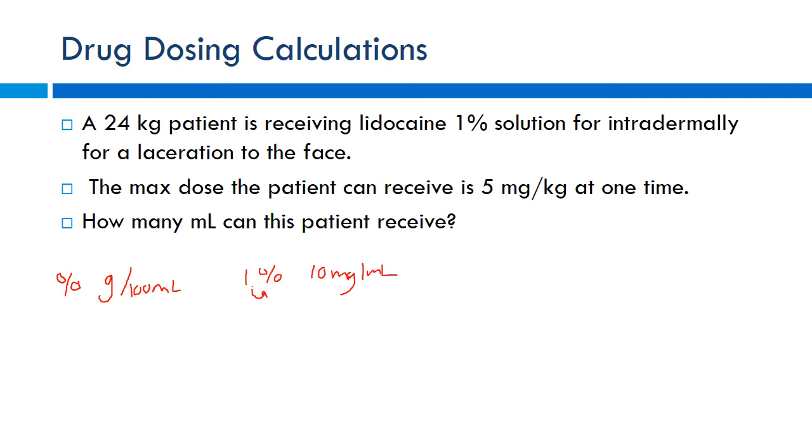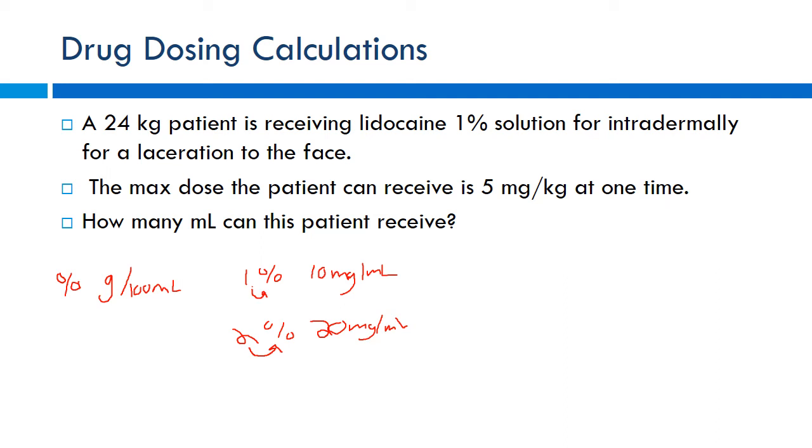For instance, if I had a 2% solution of lidocaine, I just move the decimal place over one spot to the right, and that means 20 milligrams per mL. You can do that with anything. If it's a 0.4% solution, you move it over one decimal place and it would be 4 milligrams per mL.